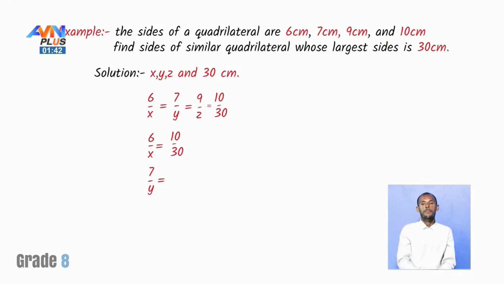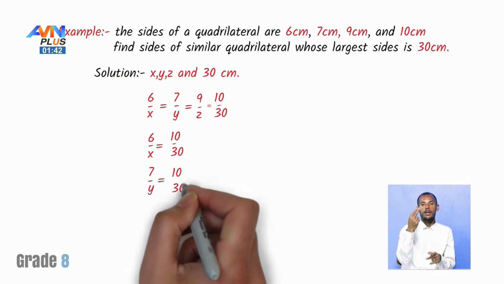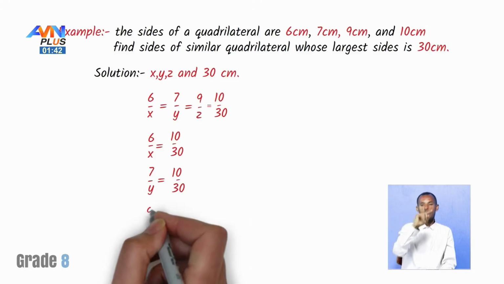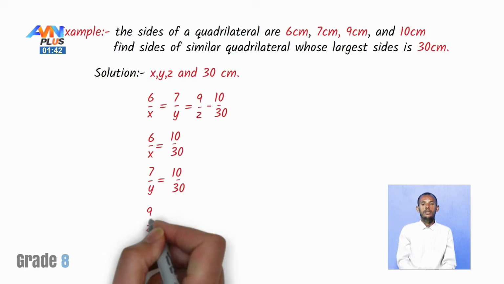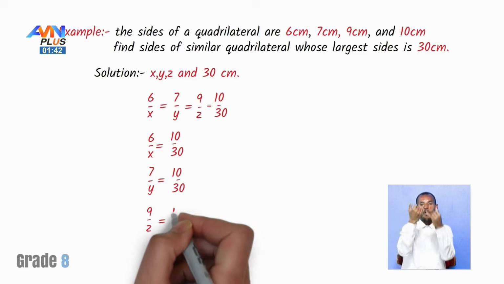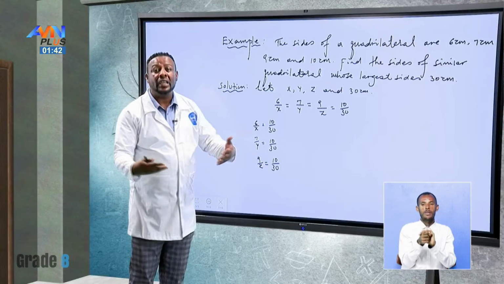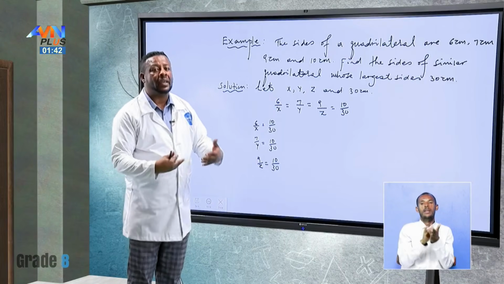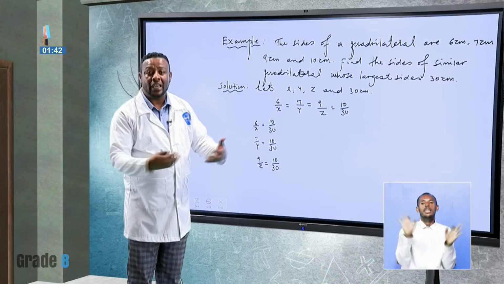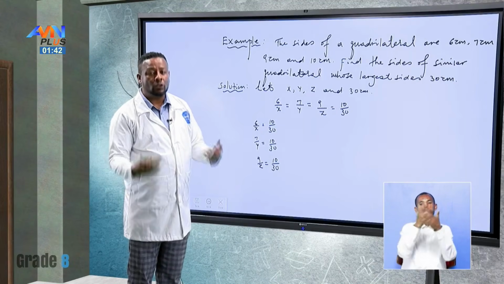The third one that we can take is 9 over z. 9 over z is equal to 10 over 30. So as we did in the previous example, the only thing that remains here is crisscrossing each equation and obtaining the unknown variables.